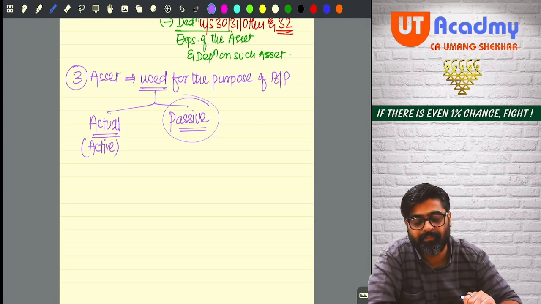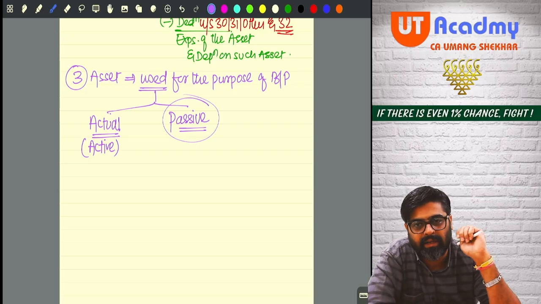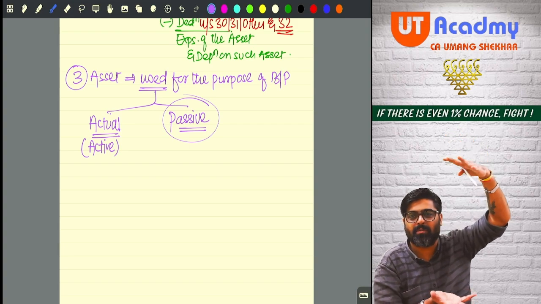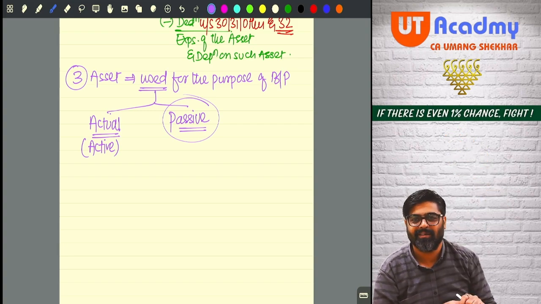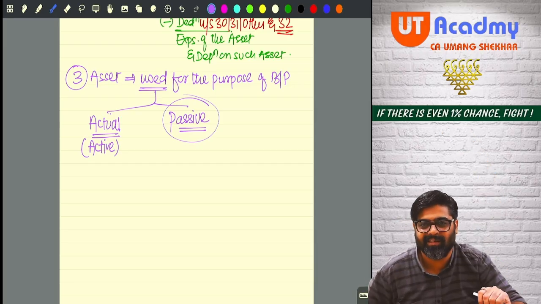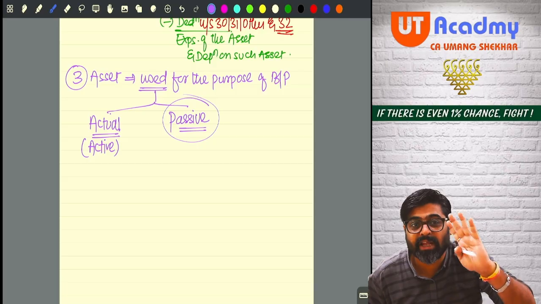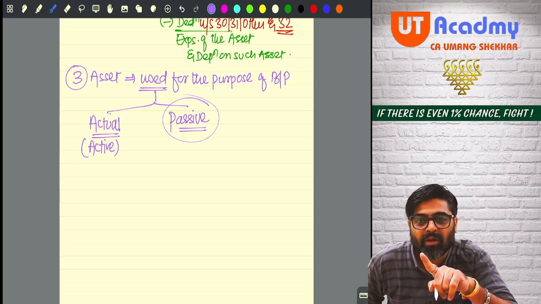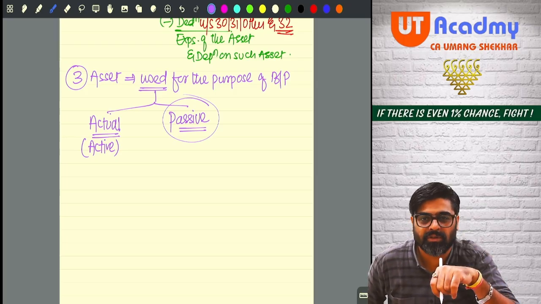One more example. You might have seen that in big factories, etc., those big red bottles are there, filled with carbon dioxide. Red big cylinders are there. Fire extinguishers. You must have heard. You must have seen also. They are not actively used.